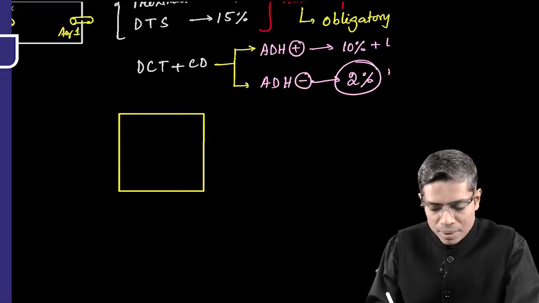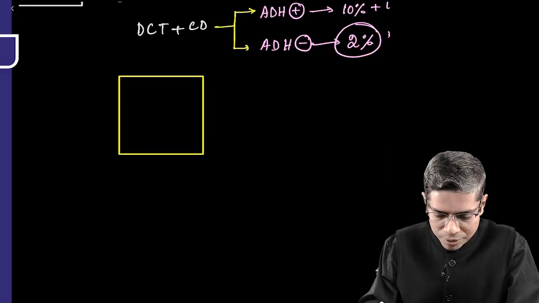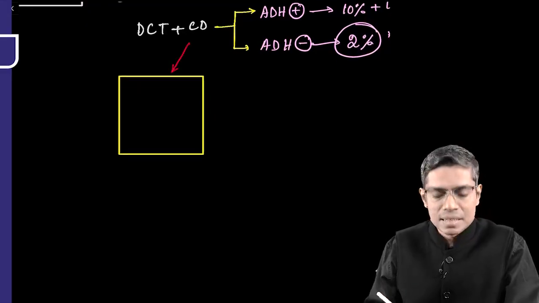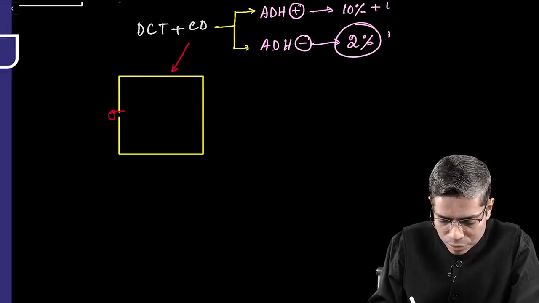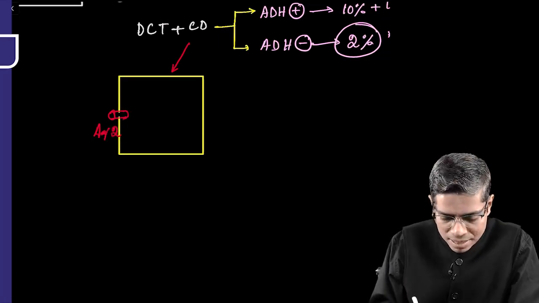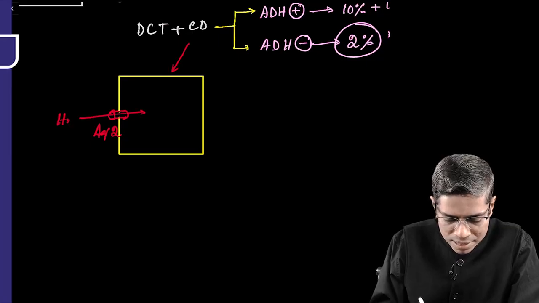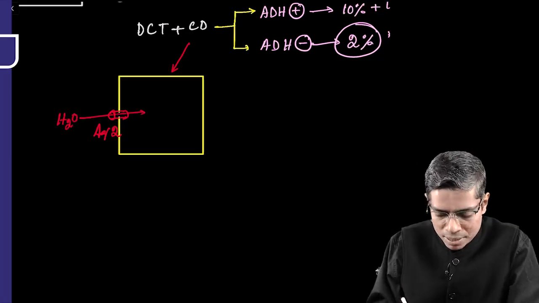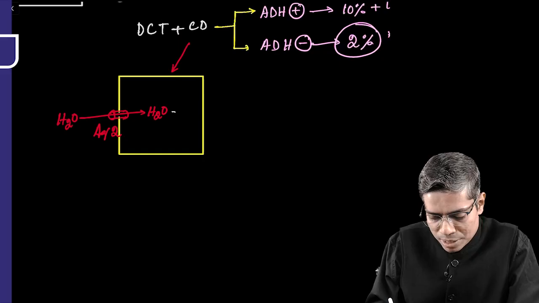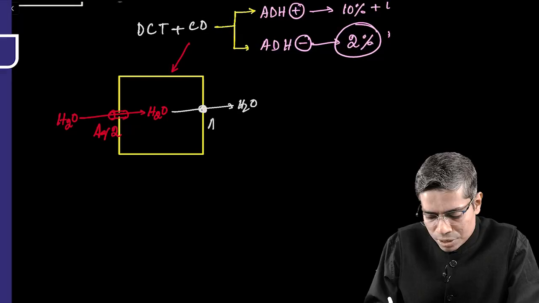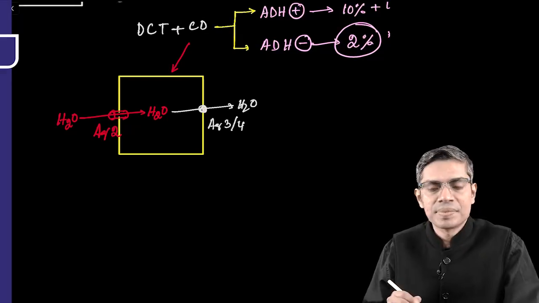If it is a cell of the collecting duct and DCT, the aquaporin present on the luminal surface is aquaporin type 2, and this is the aquaporin which enhances water reabsorption from the lumen to the cell cytoplasm, and from the cell cytoplasm aquaporin 3 and 4 will reabsorb the water.